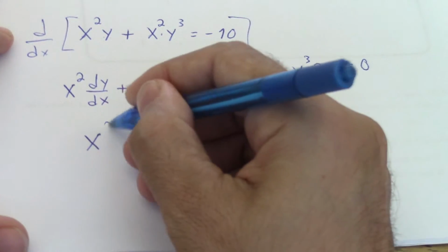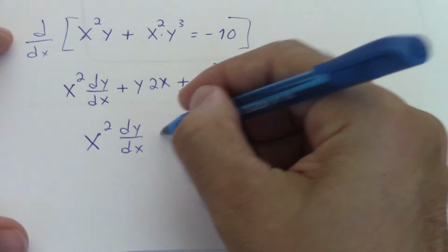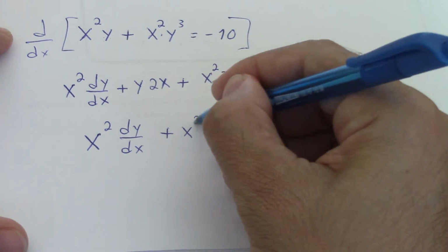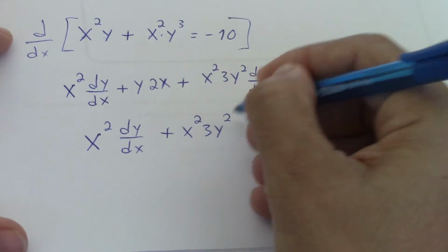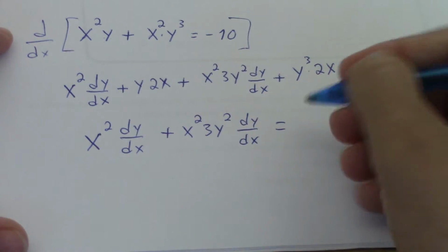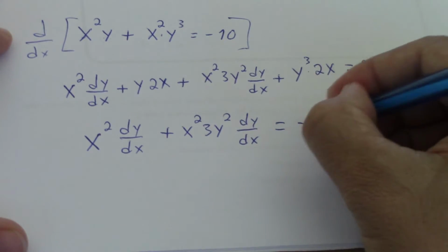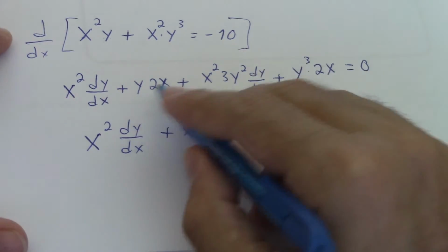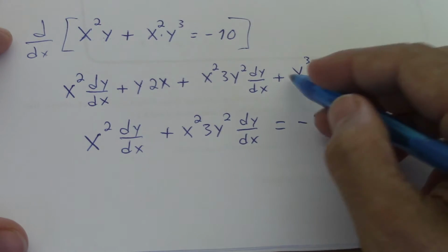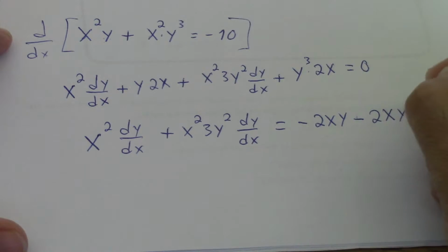So let's write x squared dy/dx plus x squared 3y squared dy/dx equals negative, let's rewrite this one as 2xy, because they are multiplying, it doesn't matter, and here the same, it's minus 2x y to the third.